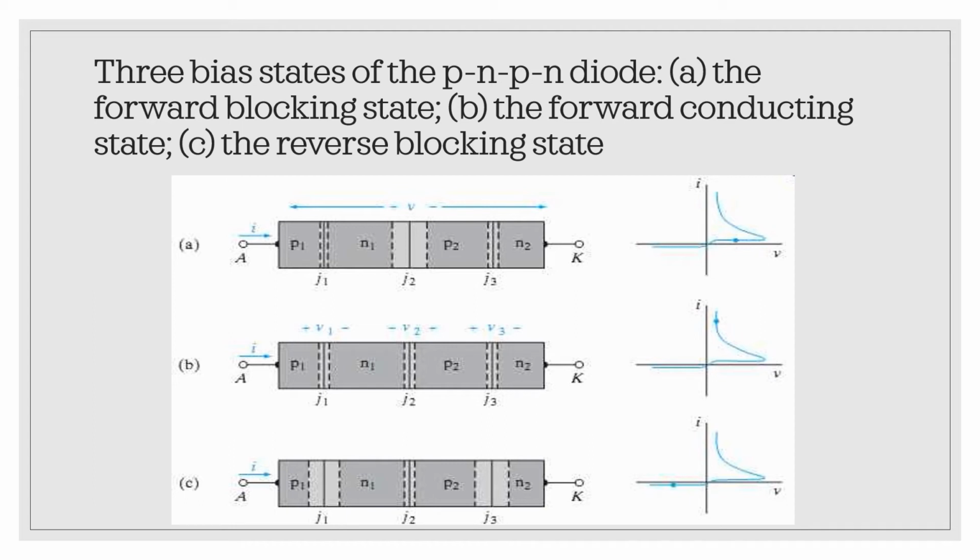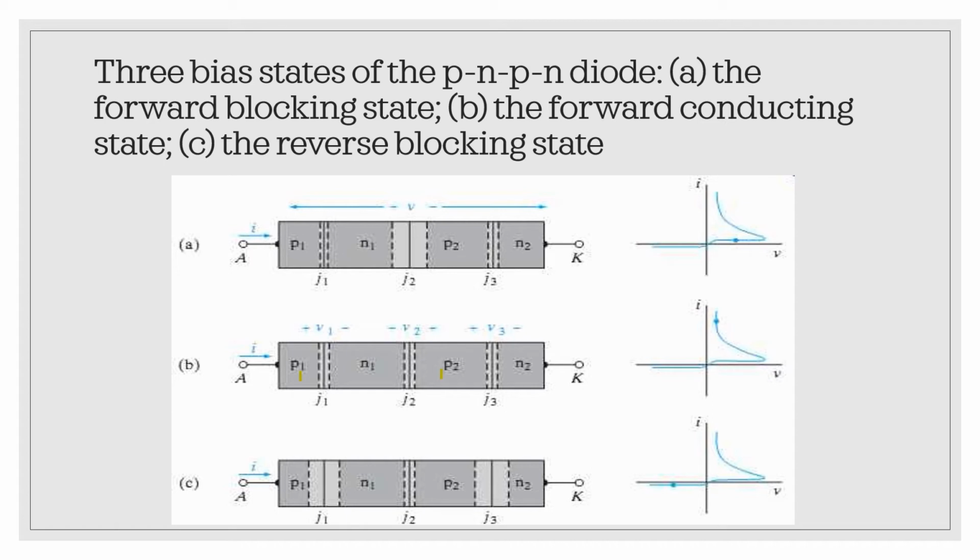This greater injection of holes further feeds P2 by transistor action and the process continues to repeat itself. That is, in this case, holes move from P1 to N1 and then cross and reach P2.